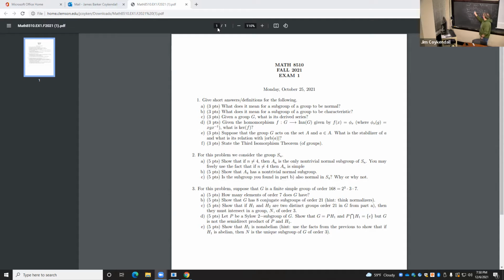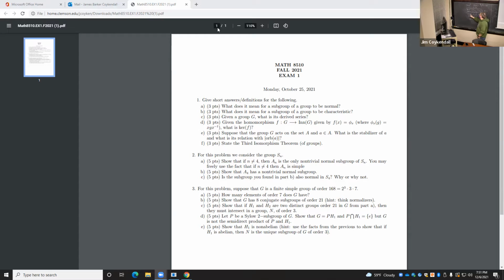So let's suppose we're up here. Suppose H1 is abelian. Well, all the Hi are conjugates of this normalizer of the Sylow 7 group, so all the Hi are abelian.